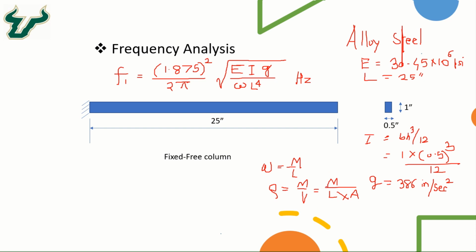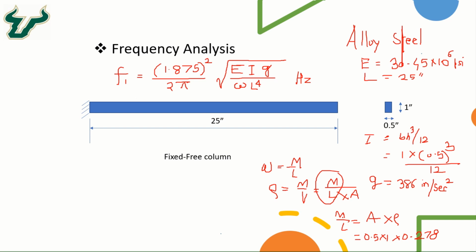So from that we can derive this M over L, and so M over L equals A times rho, where rho is the density. So this is equal to the area of cross section, 0.5 times 1, multiplied by the density, and for the alloy steel the density is equal to 0.278, in the appropriate units.